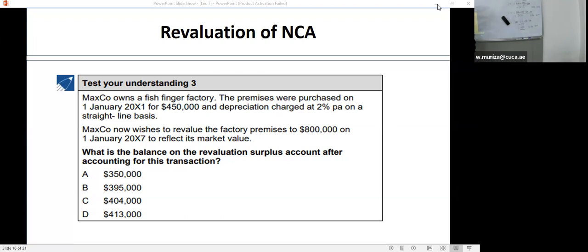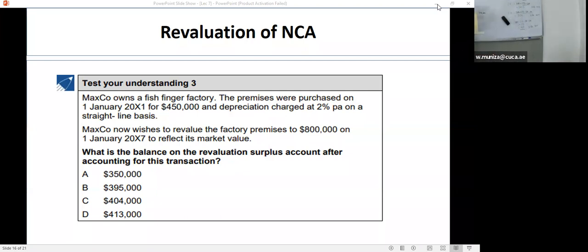For 6 years, the depreciation is being taken up till January 1st, 2007. 450,000 multiplied by depreciation rate of 2%, multiplied by 6 years. How much depreciation is there? 54,000. Clear up till here?